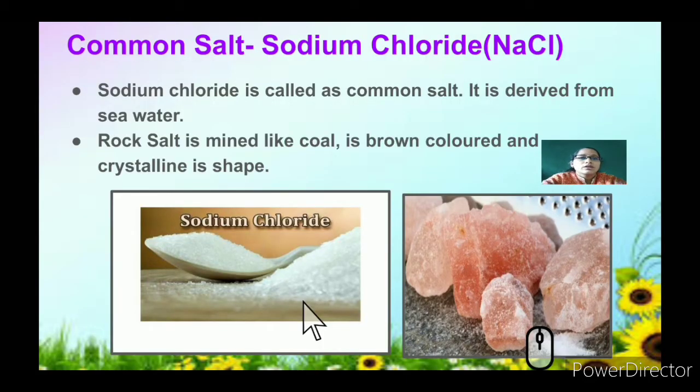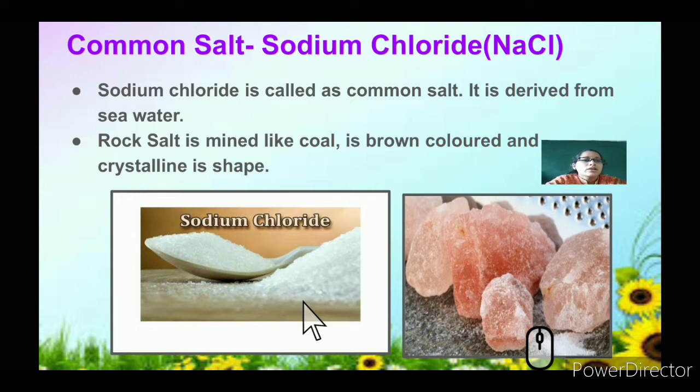Next we will understand in detail the formation of sodium chloride, or common salt. As we have discussed before, it is derived from seawater, as everyone knows, and sodium chloride is also known as common salt. Rock salt is a different type of salt.